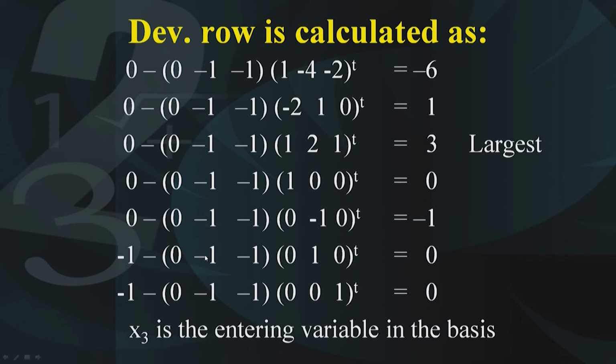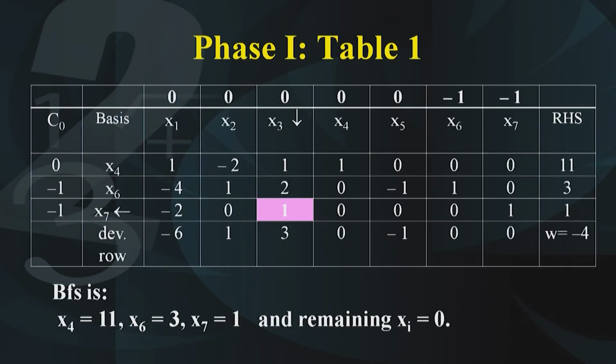Before I proceed, I would like you to make an observation. Let us look at the entries in the deviation rows corresponding to the basic variables. In this table we have x4 as a basic variable, and the entry in the deviation rows is 0.